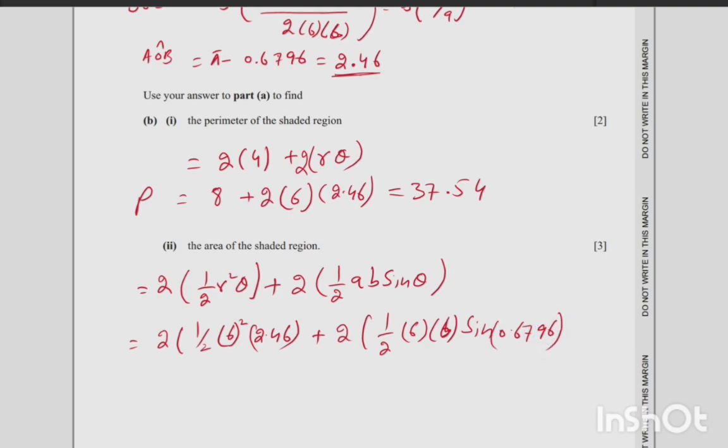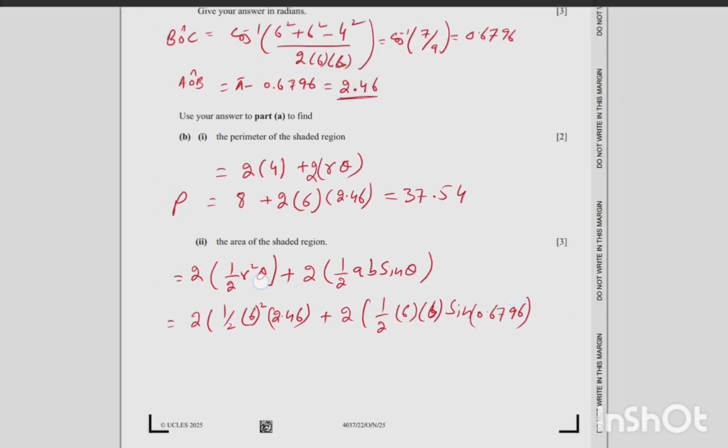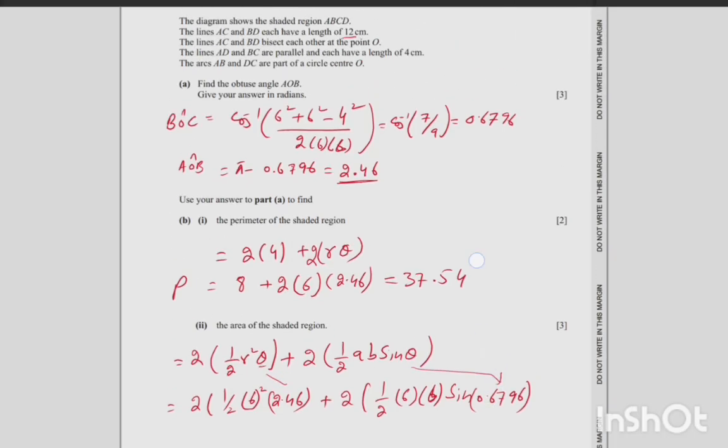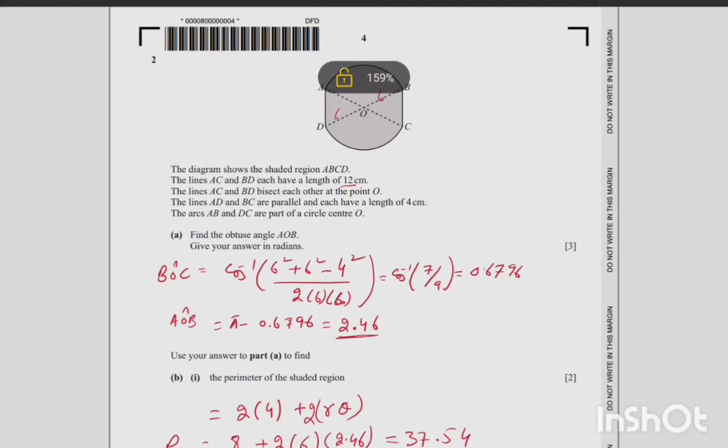You have to put the different theta here. Simple as that. For the triangle we have to find BOC, and here we have BOC as 0.679. But for the sector AOB angle, we find 2.46.